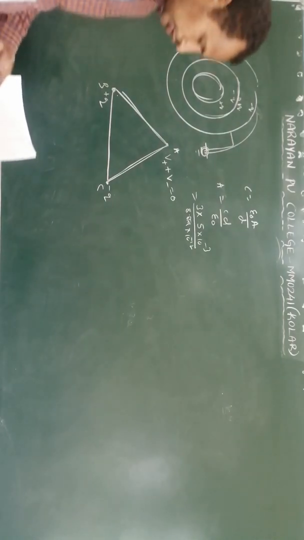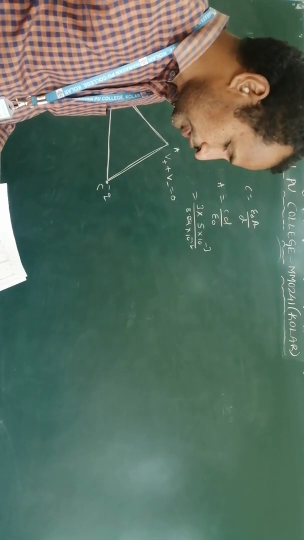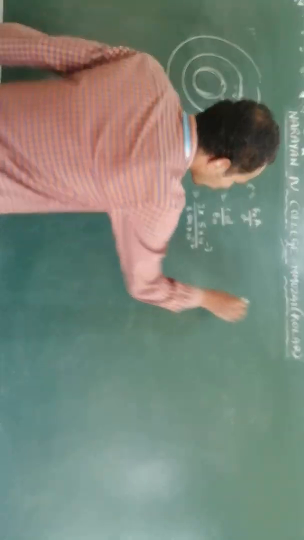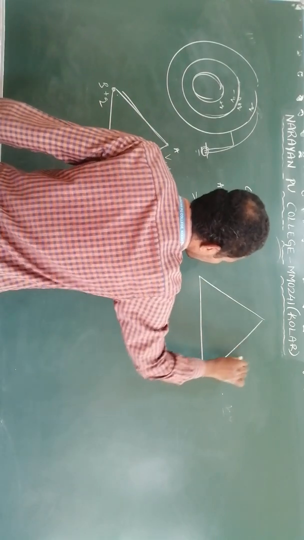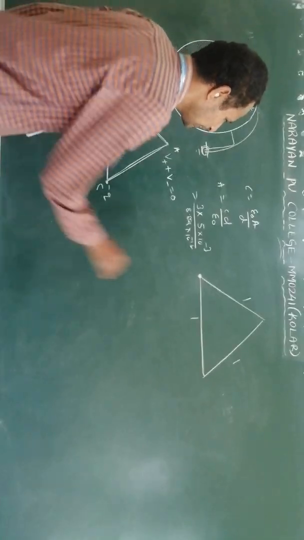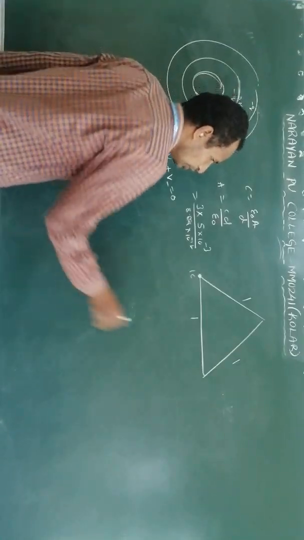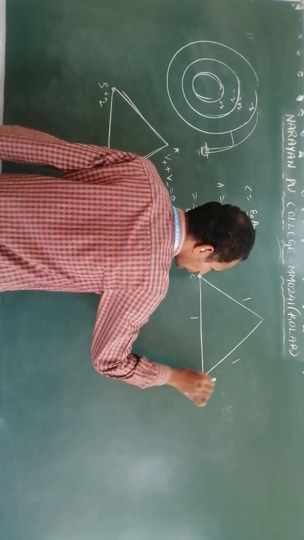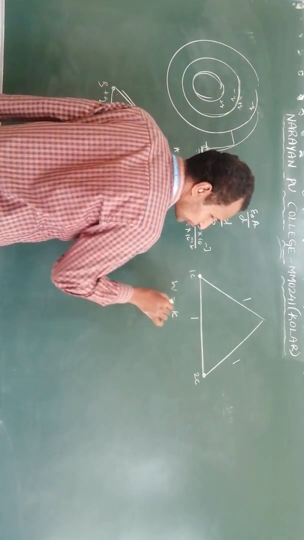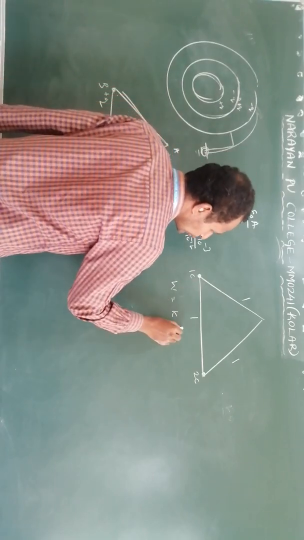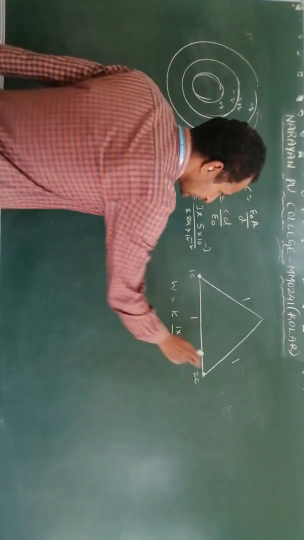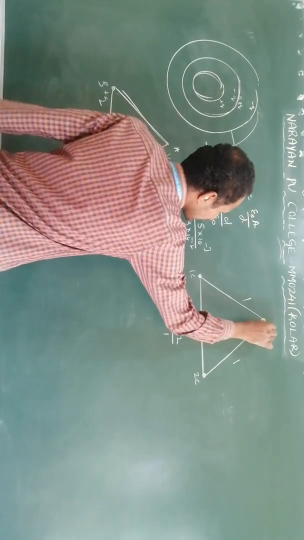Next one. 3 point charges 1C, 2C, 3C are placed at the corners of an equilateral triangle of side 1 meter. Suppose you place the first charge, this is 1C. What is the work done? 0. Now you are placing another charge, this is 2C. Work done is stored in the form of energy. W is equal to K, 1 by 4 pi epsilon, K value, so 1 into 2 by distance, which is 1. And we are placing another charge, that is 3C.